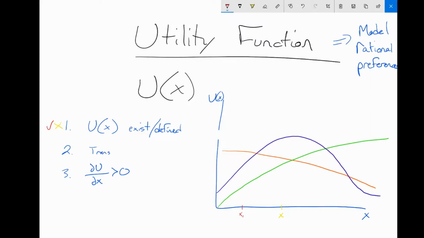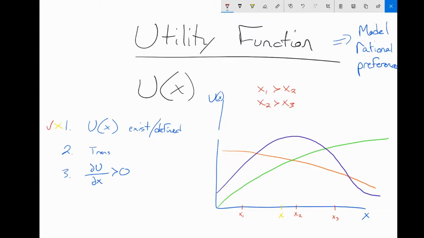Let's say x1, x2, and x3. So x1, x2, and x3, does R capture transitivity? Well, let's say we know that they prefer x1 to x2. We know that they prefer x2 to x3. And so this function is consistent.